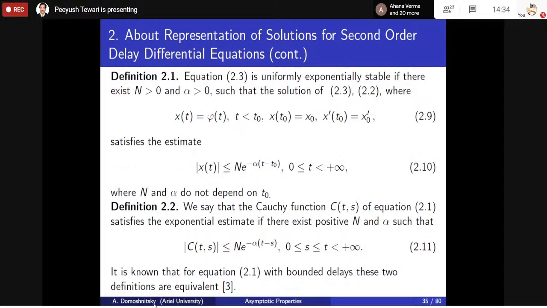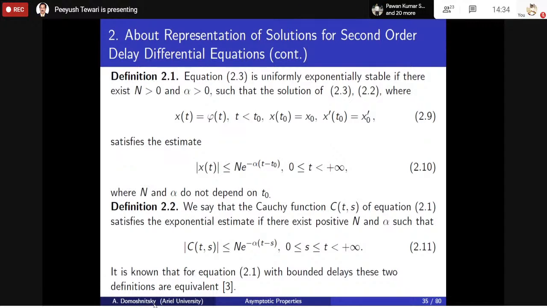As a definition, we say that the Cauchy function, which is the kernel of the integral representation of the solution, satisfies the exponential estimate if there exist positive N and alpha such that there is the following estimate for C(t,s).